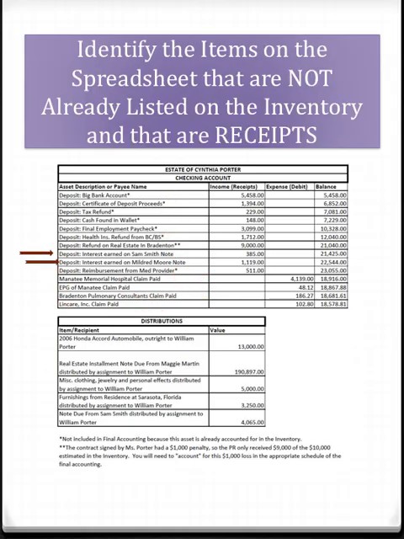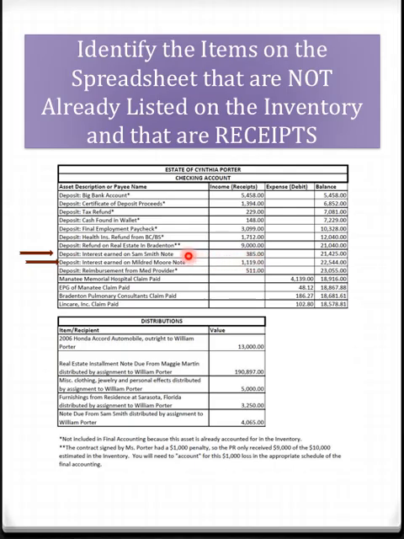Hopefully you found that this deposit received, so a deposit indicating it was money received and placed in the bank, of $385, described as the interest earned on the Sam Smith note, has been received since the inventory.